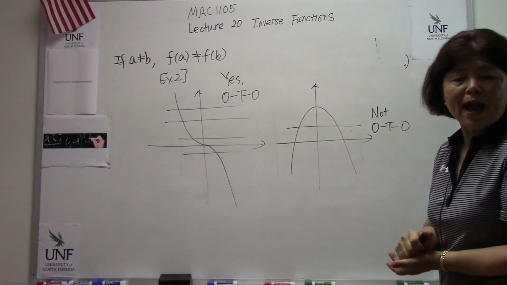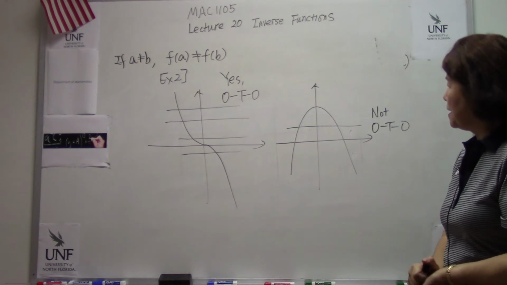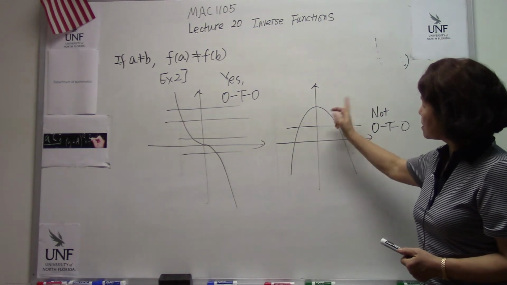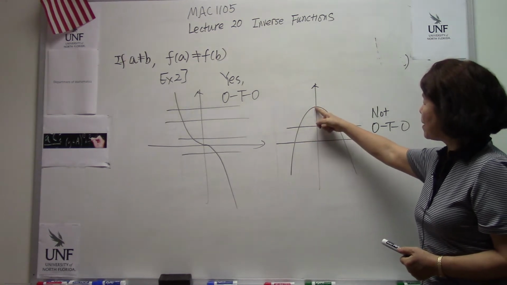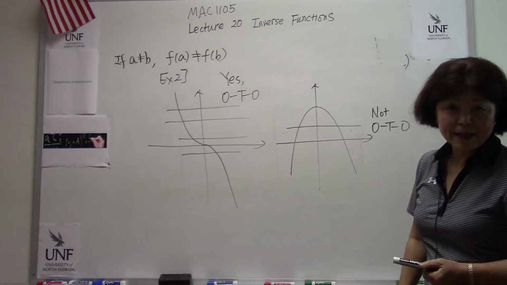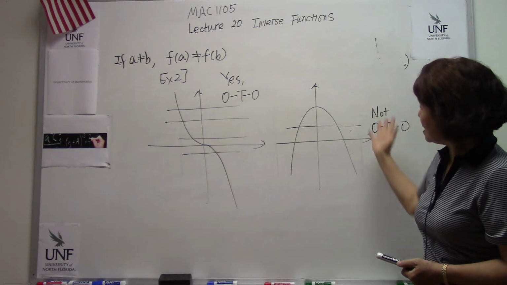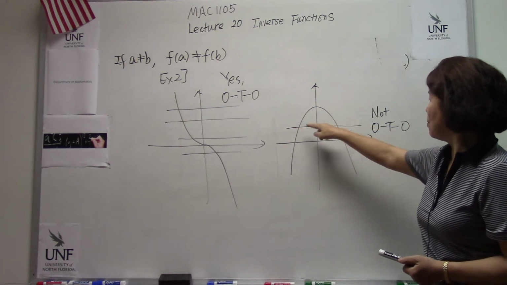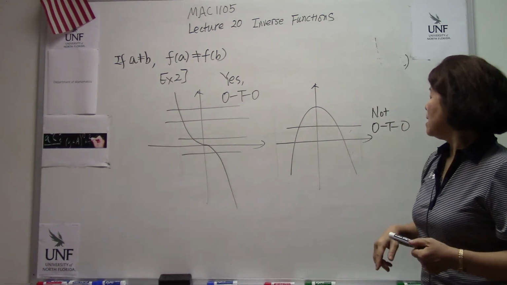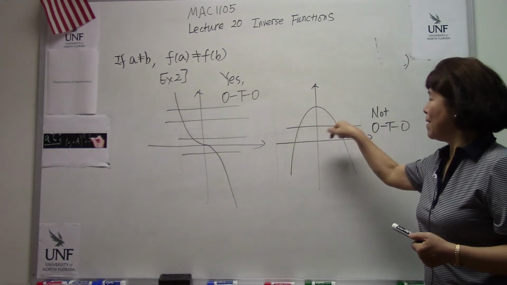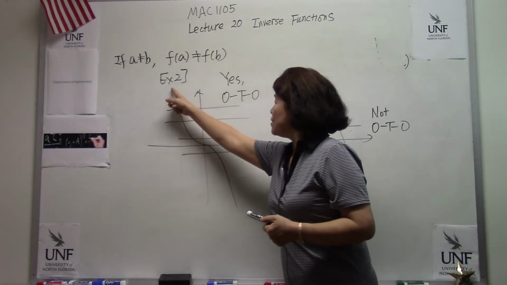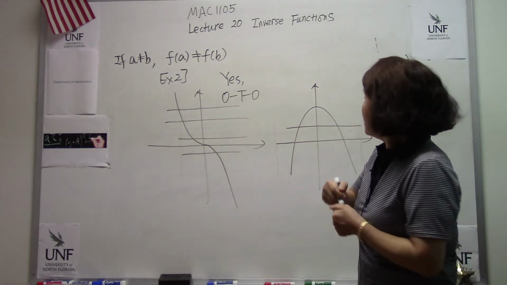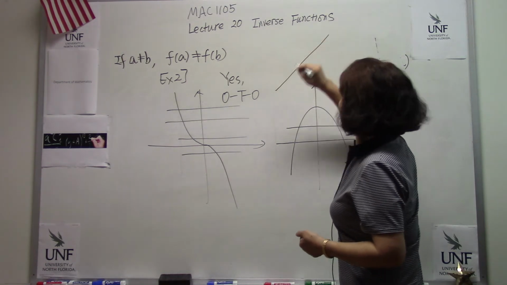Let's describe these graphs a little differently. In this graph, the function is increasing somewhere and then decreasing, right? Increasing and decreasing, therefore it goes through two different points at the same y value. Here it is just decreasing all the time, or the graph is just increasing all the time.